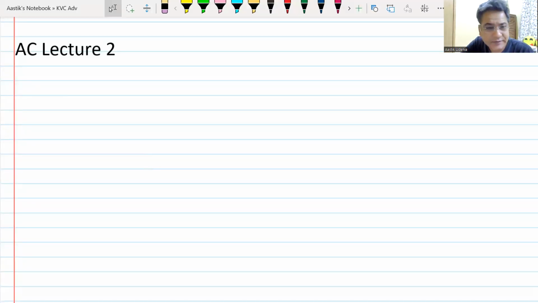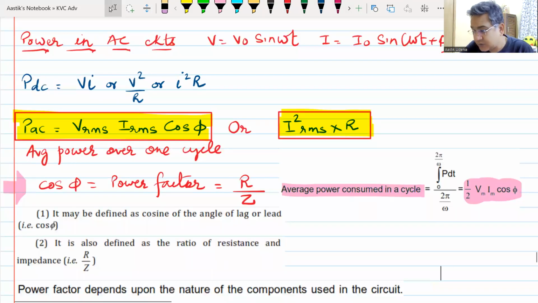So, as I was saying in the previous lecture, we had started with the meaning of the terms, and the last thing that we discussed was power in an AC circuit. Whenever we talk about power in an AC circuit, we are always talking about the average power given out in one complete cycle.